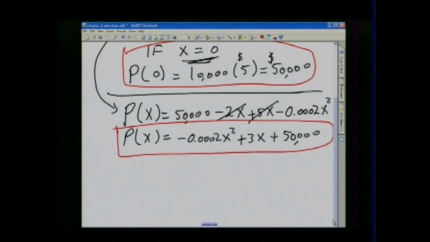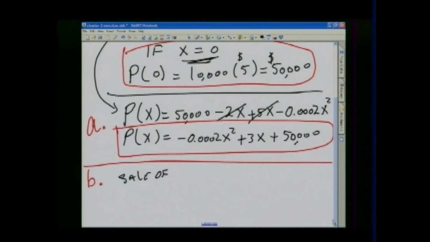So in part B of this problem, it says, what is the profit Philip can expect for the sale of 16,000 bottles of wine? Well, when you're selling 16,000 bottles, remember we defined X as the number of bottles above 10,000.